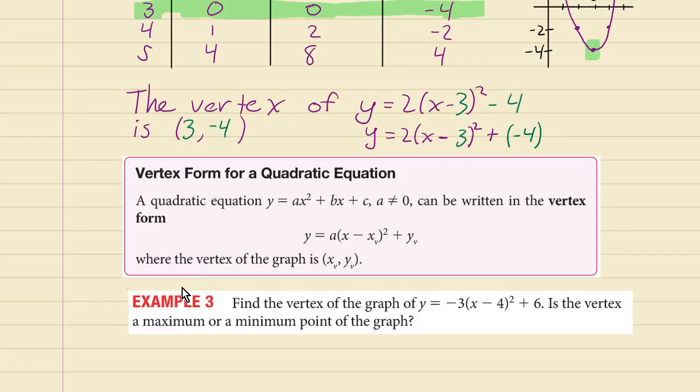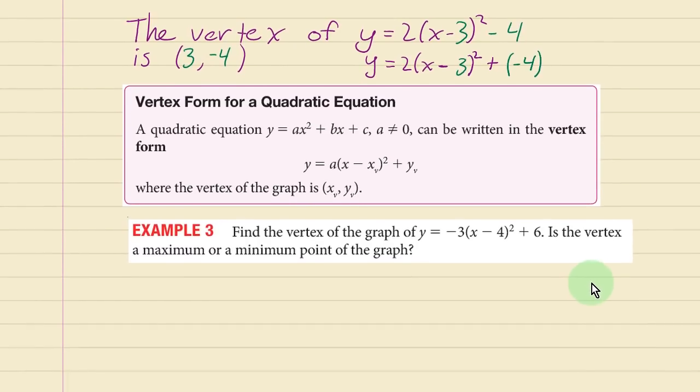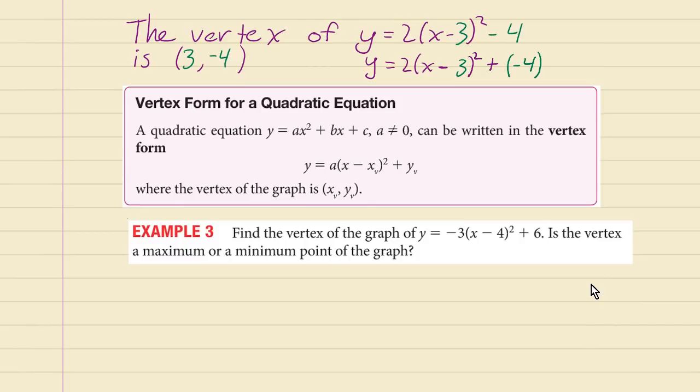So here's another example that we can try with this. If you have this equation, let's get the vertex of it and then figure out if it's a minimum or a maximum point of the graph. So first of all, this is written in vertex form. And it's written as minus 4, so that means xv is 4.